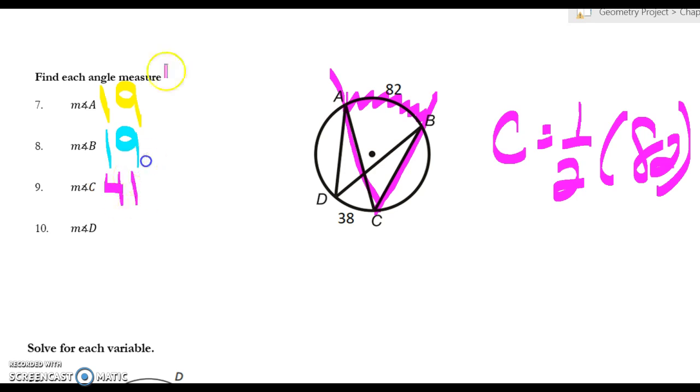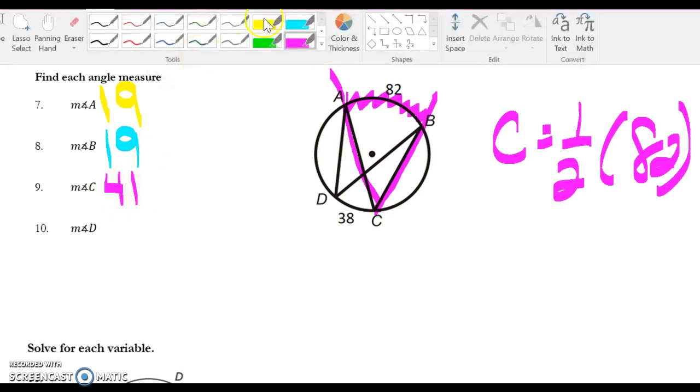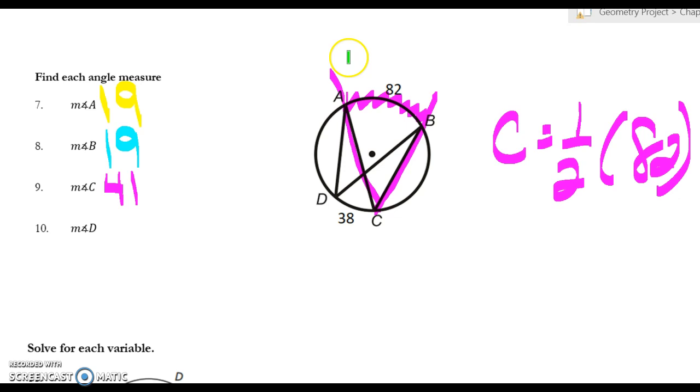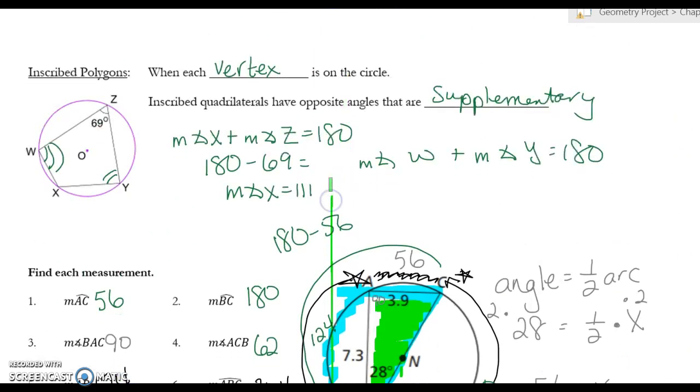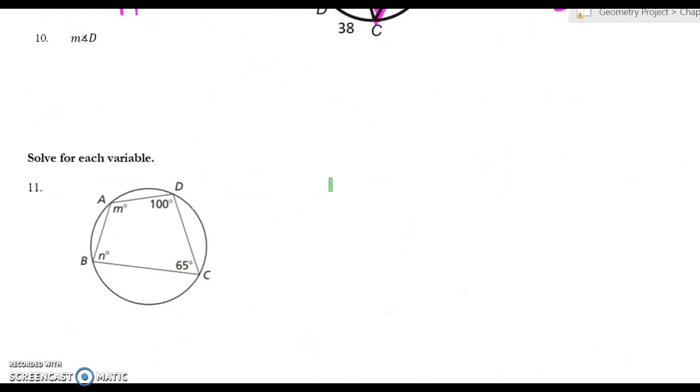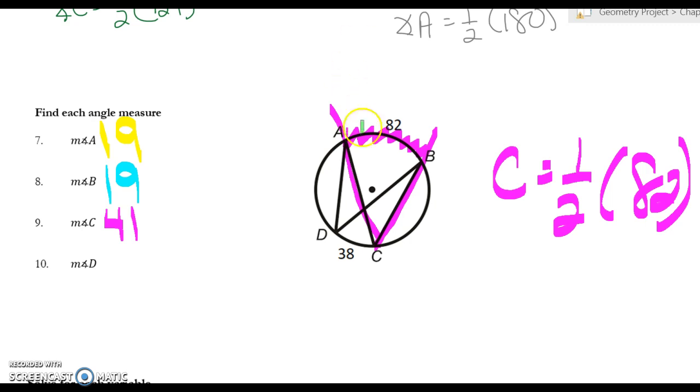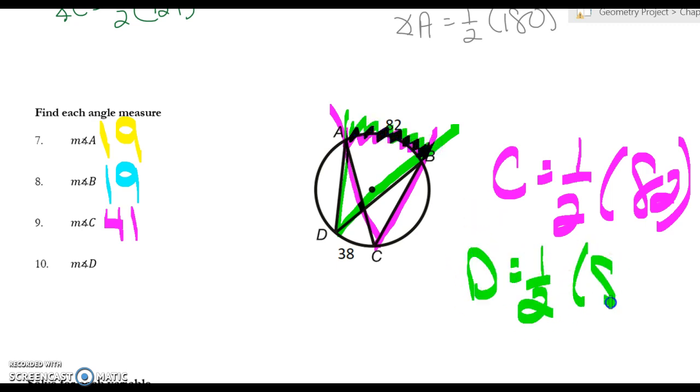So it's 41. And then D, I'm going to just use green. Here's D. Wow, what did I do? Hold on. My computer messed up. Let's try that again. D, look, it makes the same arc. So D is also 1/2 of 82. So D is 41. Okay? So remember, your inscribed angle is half of the arc.